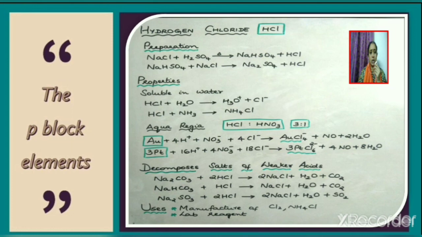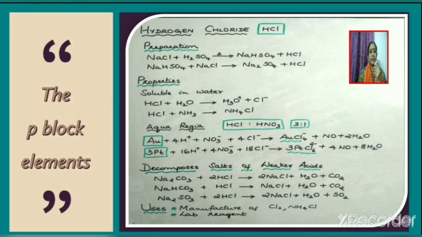Properties of hydrogen chloride. Hydrogen chloride is soluble in water. So we can write the equation as HCl plus H2O gives hydronium ion H3O+ plus Cl-. HCl reacts with ammonia to give ammonium chloride. What is meant by aqua regia? It is a mixture of concentrated hydrochloric acid and concentrated nitric acid in the ratio 3:1. It is used to dissolve gold and platinum.